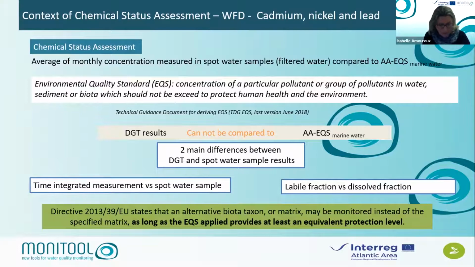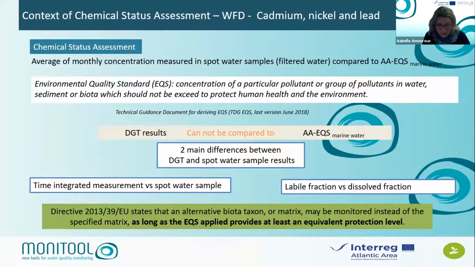Dissolved concentration. As you know, DGT results cannot be compared directly to EQS marine water. Thus, there are 2 major differences to consider between DGT and spot water sample. Firstly, results do not represent the same sampling time scale: a time integrated measurement via DGT, representing a few days, versus an average concentration from spot water sample.